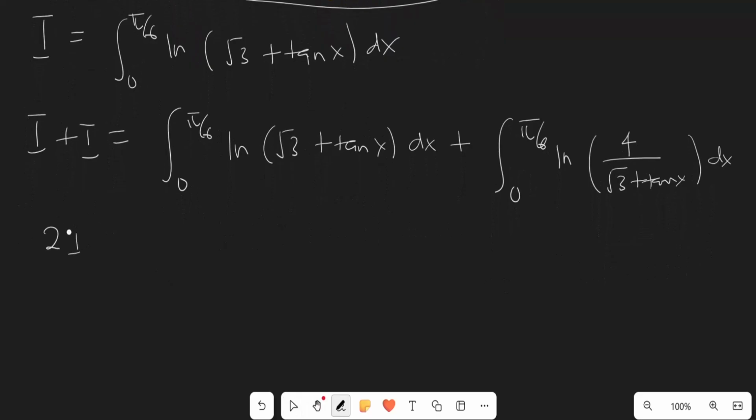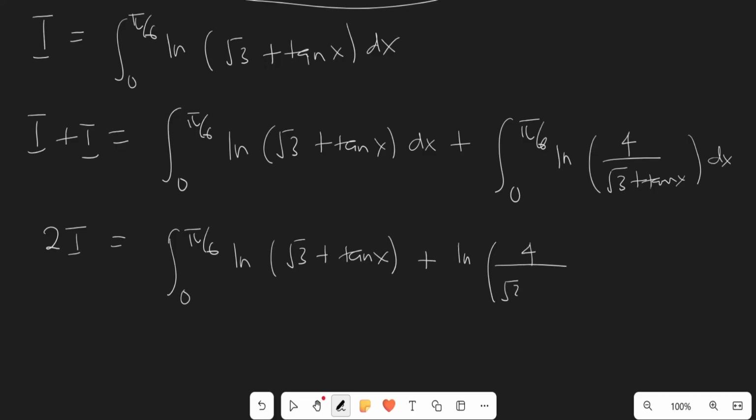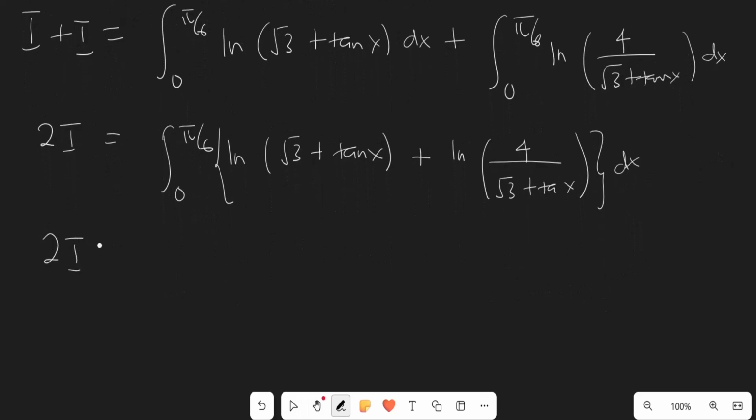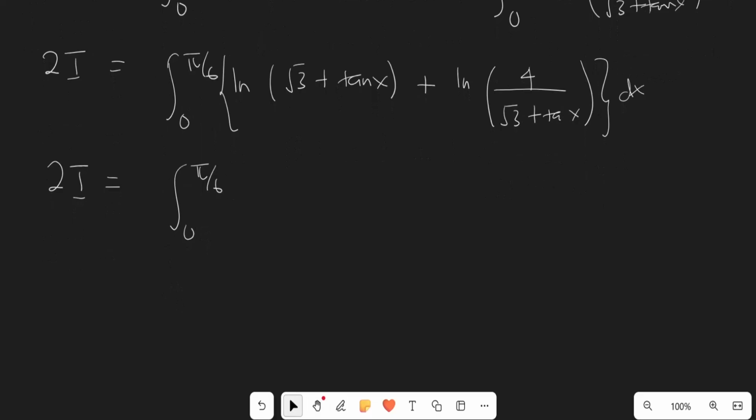So the left hand side is 2I and the right hand side combines to the integral from 0 to pi over 6 of the natural logarithm of the square root of 3 plus tan of x plus the natural logarithm of 4 all over square root of 3 plus tan of x, all this dx. So 2I is going to be the integral from 0 to pi over 6. Now we can use the laws of logarithm.